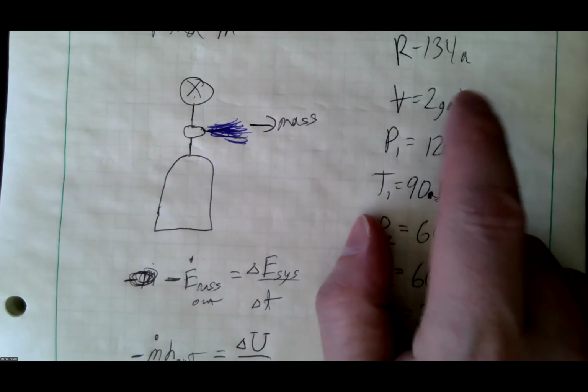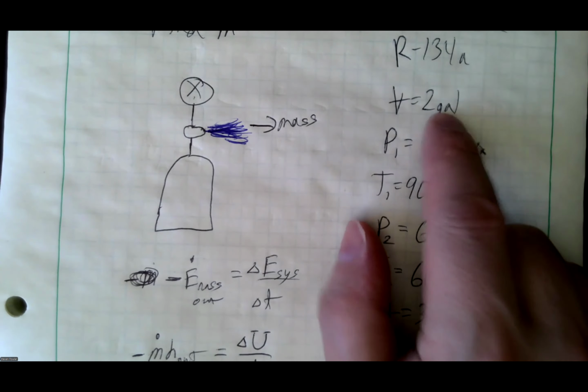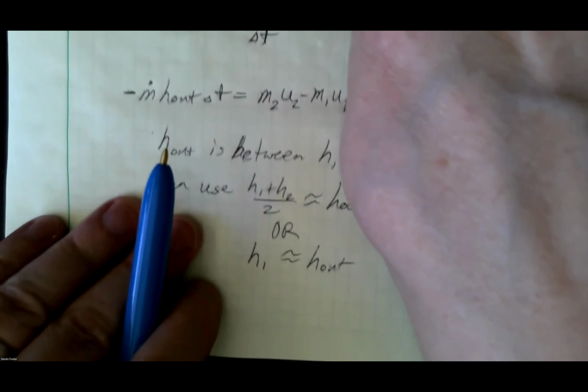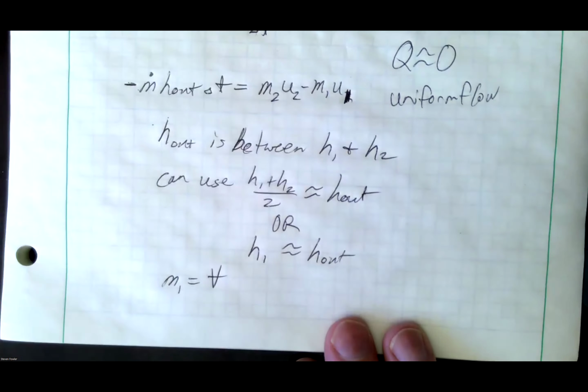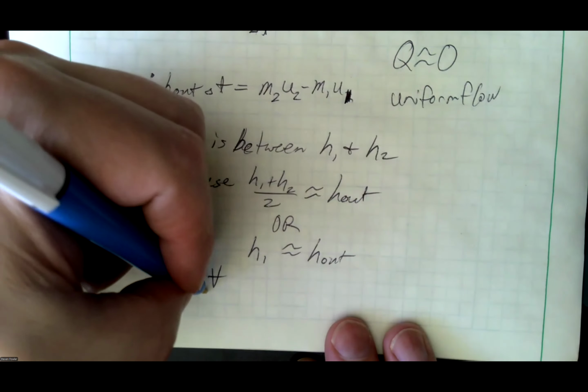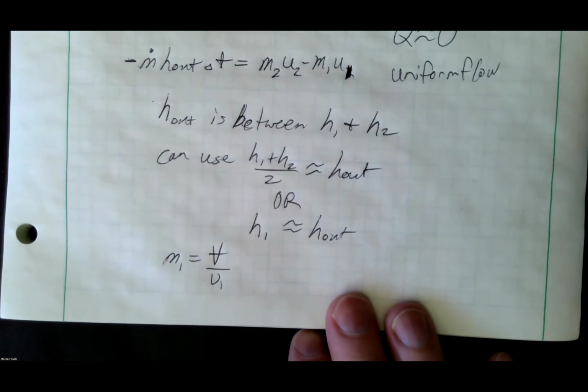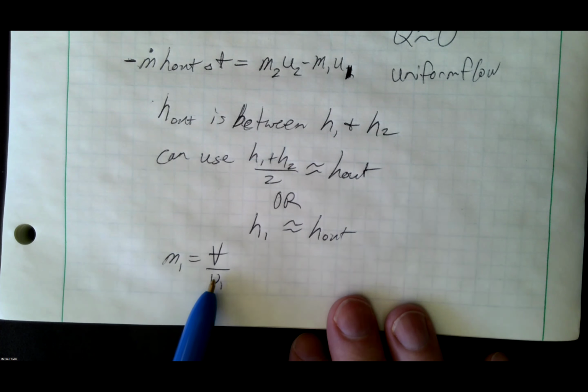Well, remember, you know the total volume. Since I know the total volume, I can say M1 is going to equal the total volume, which is constant, divided by the specific volume at state 1. Because specific volume is total volume divided by mass.